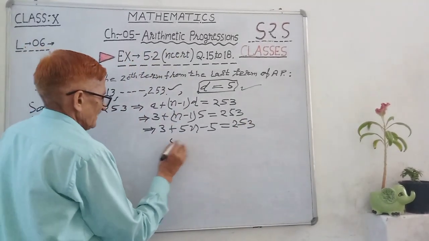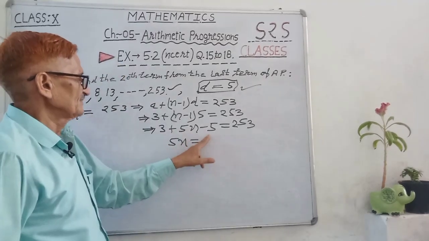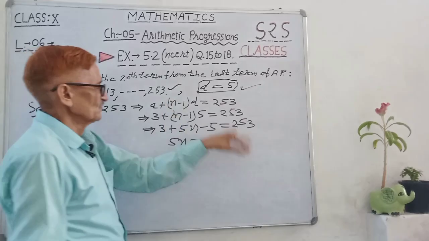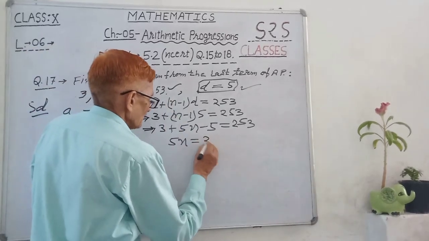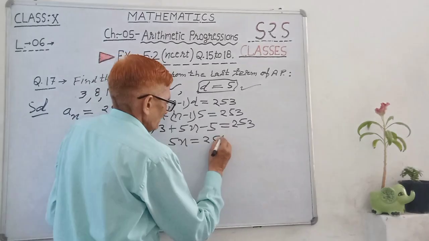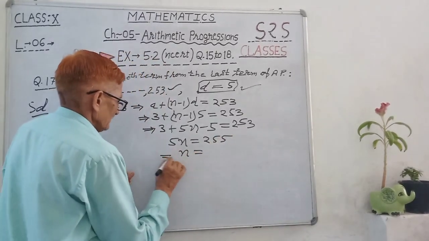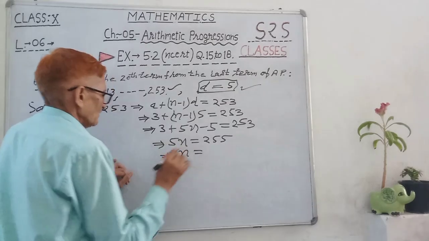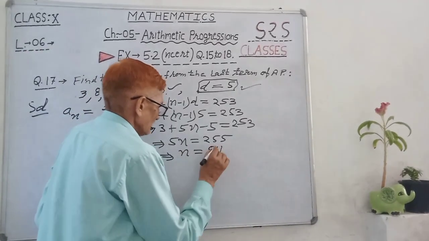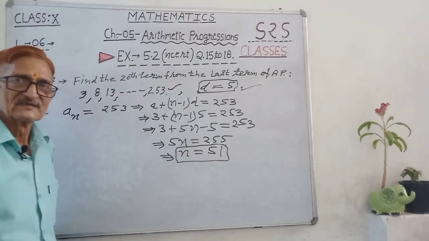Then 5n is equal to 253 minus 3 plus 5, that is 253 plus 2, 255. Then n is equal to 255 divided by 5, which is 51. So total terms are 51.